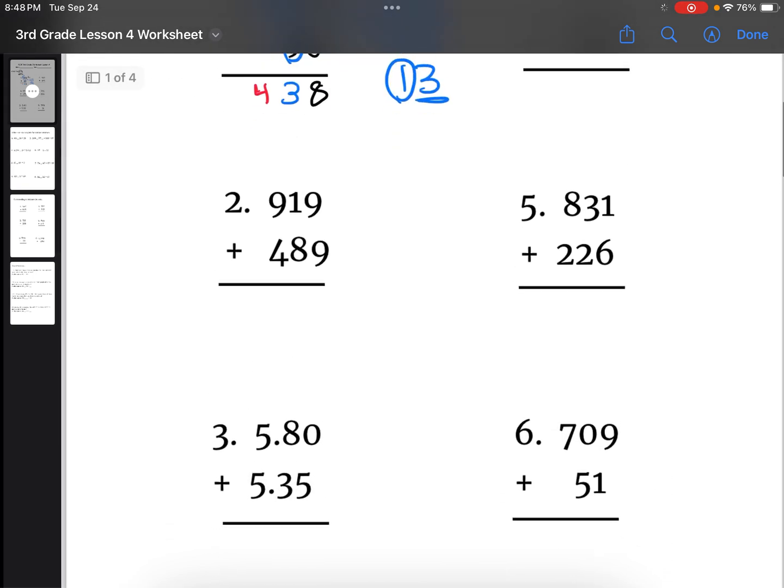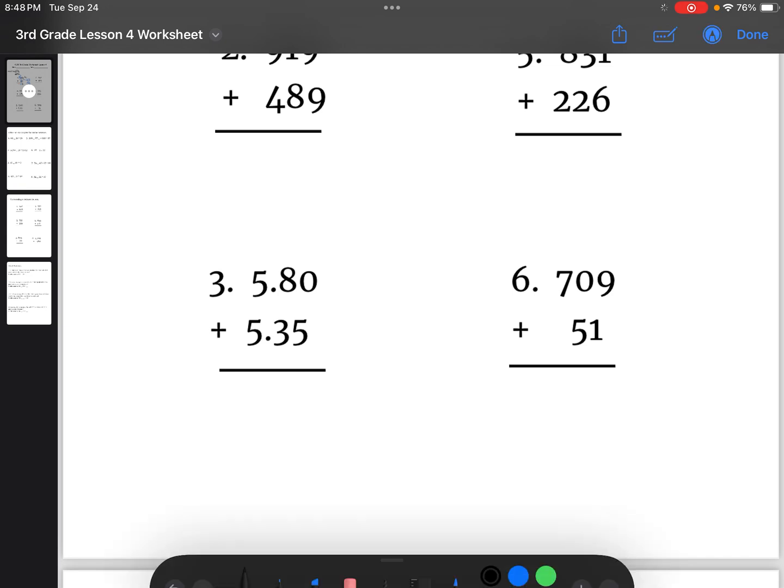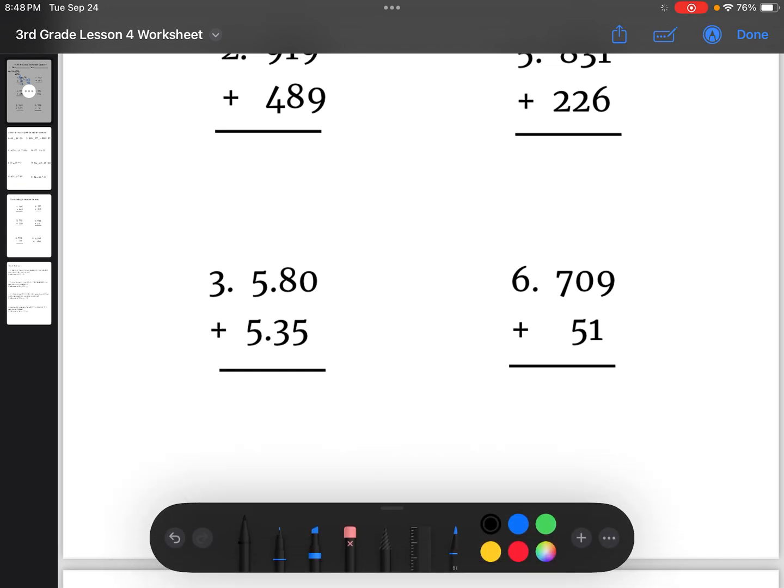Let's take a look at number 3 here. Number 3 has decimal points, but we'll take a look at those once we find the answer. So, first, we're doing this side. 5 plus 0 is 5. Then we're doing this side. 8 plus 3 is 11. So, we're getting the last digit, and we're carrying the 1 over.